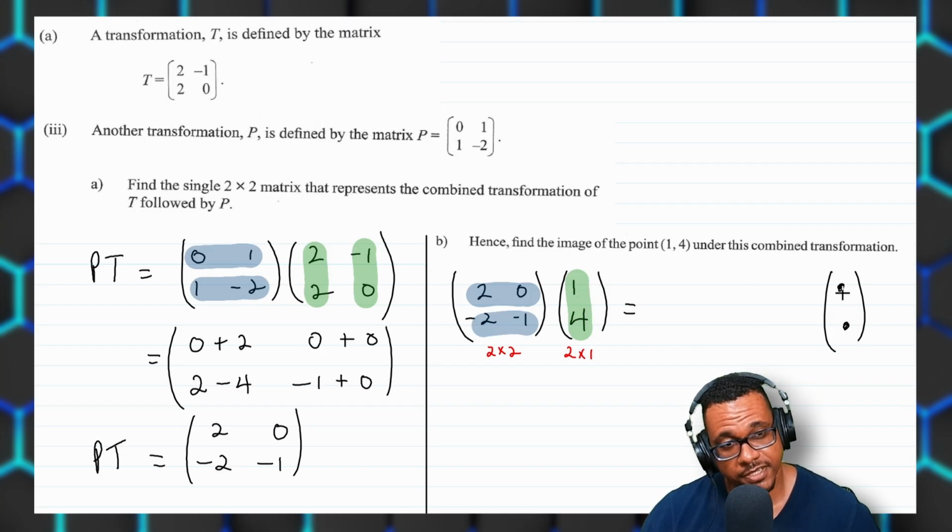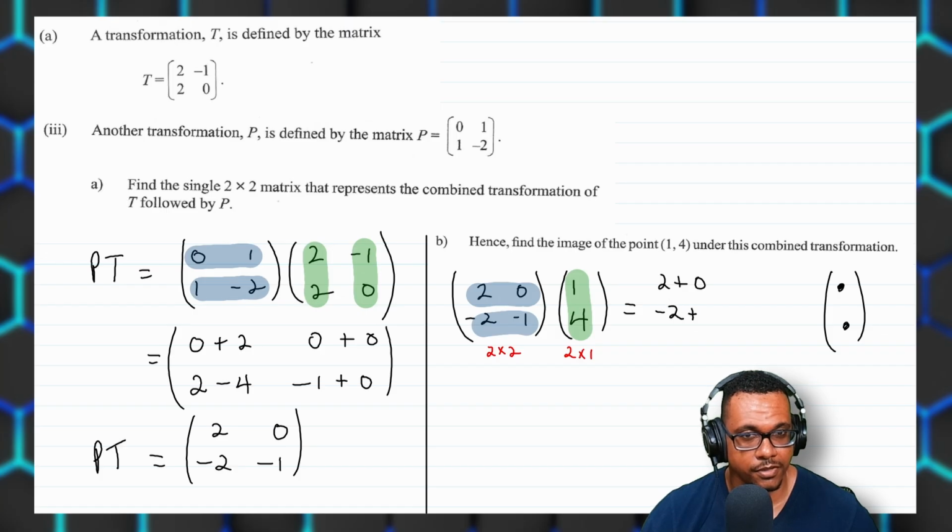If you want the first number that goes on top here, this is in your first row, first column. So you multiply our first row by our first column. So 2 by 1 is 2 plus 0 by 4 is 0. And the number down here is in your second row, first column. That's why we're multiplying our second row by our first column. So -2 by 1 is -2 plus -1 by 4 is -4.